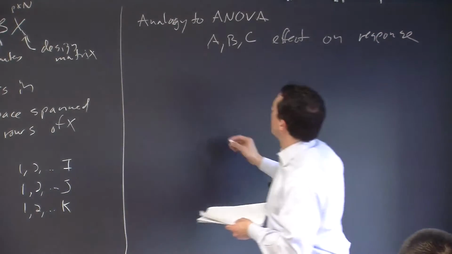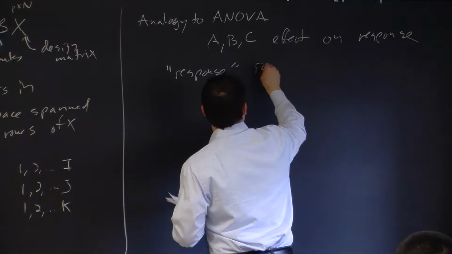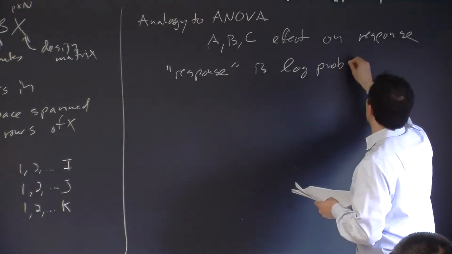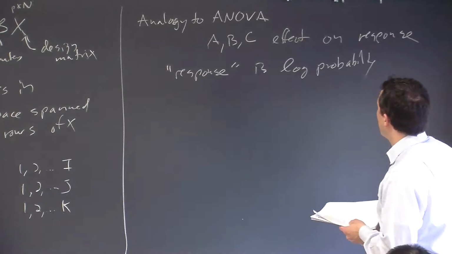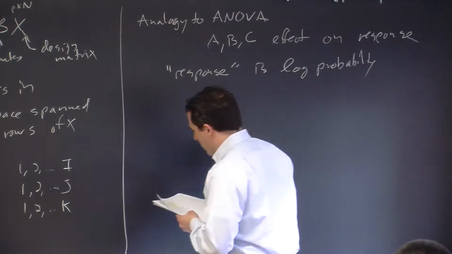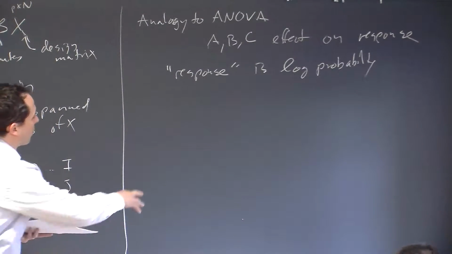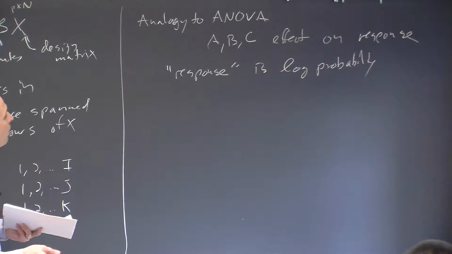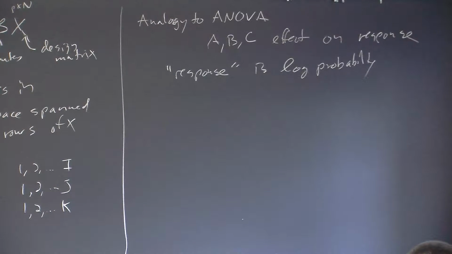Here, our response is not really a variable, but it's the log probability. We're doing a kind of regression on the log of the probability. So some of the ideas about interaction make sense, and some of them don't make as much sense, because really we're just talking about the log probability of something happening jointly. We're talking about just an association. It's not really an effect.